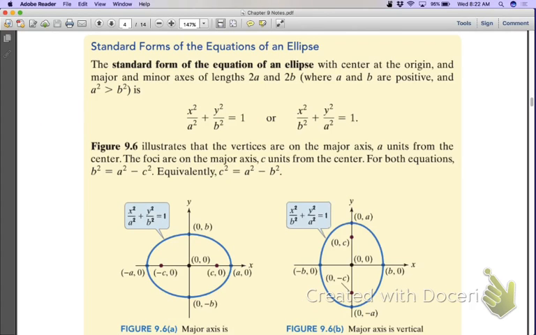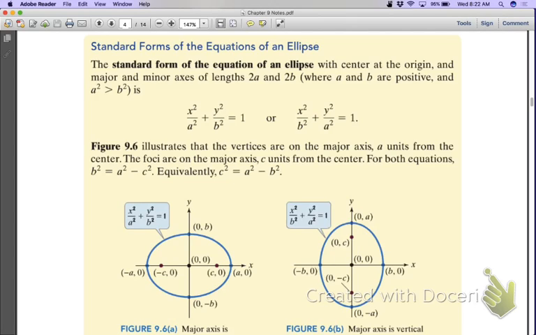Then here, the standard form of an equation of an ellipse. You have two forms. Notice that between the two, there are a few things that you have to have. You always have a center, here at the origin.